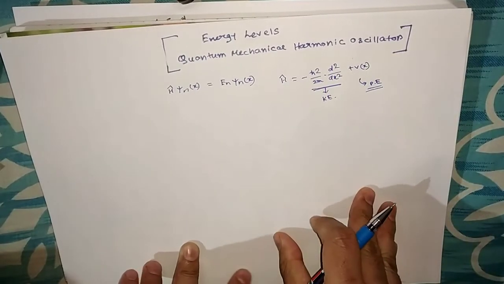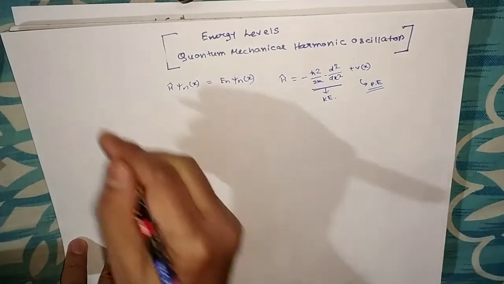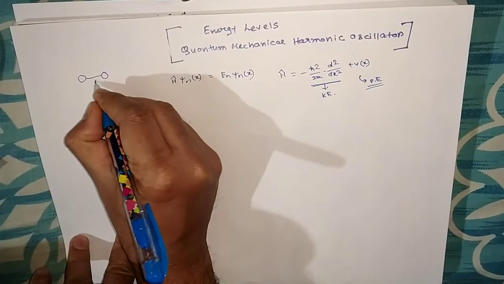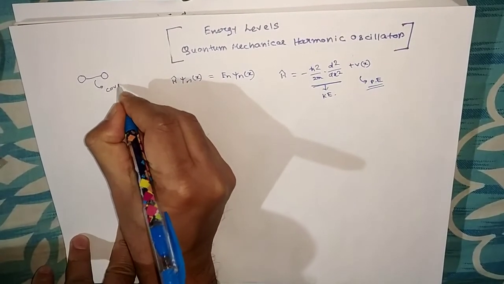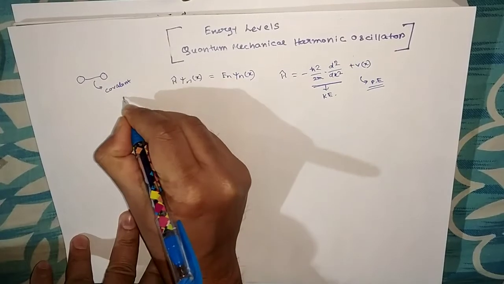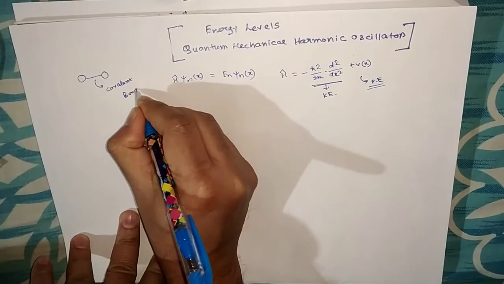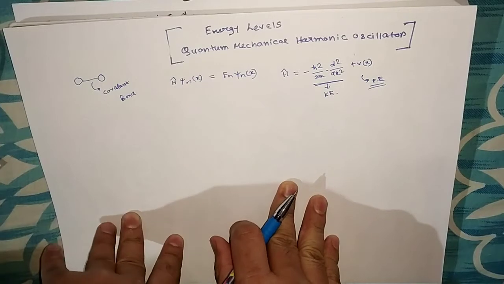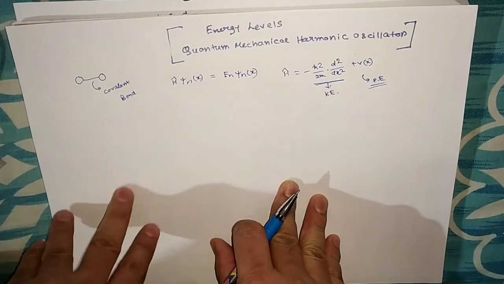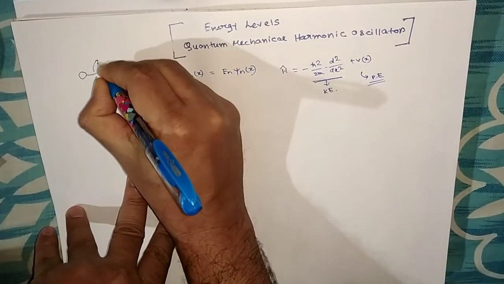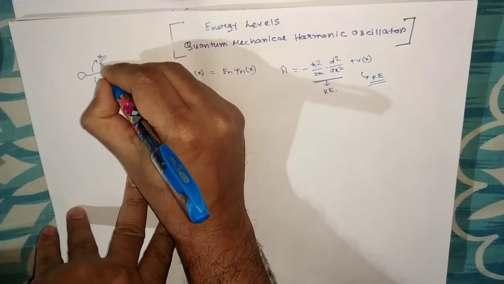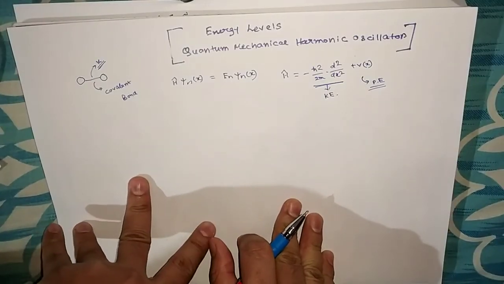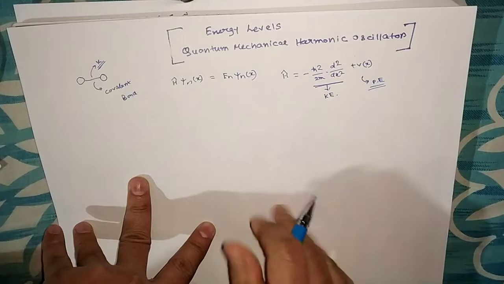Now for the harmonic oscillator system, the system looks like two atoms bonded by some kind of covalent bond. We have compared this covalent bond to a spring, with spring constant k, which shows the stiffness of the bond.